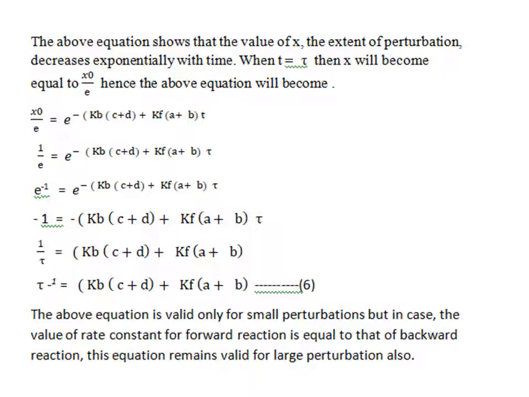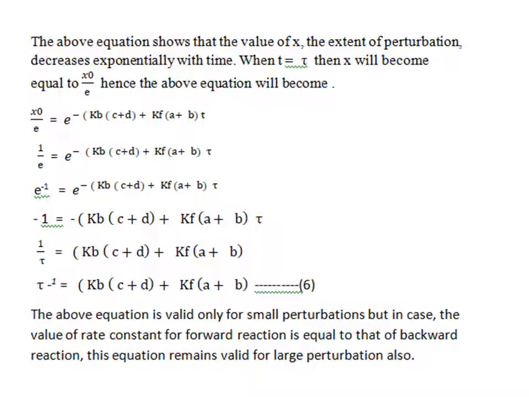1 over e is equal to, here x naught is omitted on the right hand side. This is again a typographic mistake. Then x naught and x naught will cancel out each other.